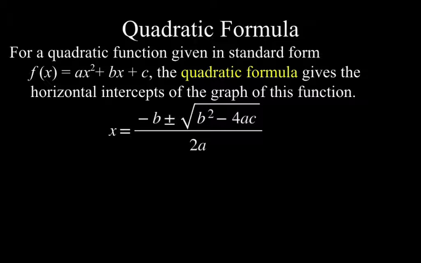And then the denominator of our fraction is 2a. So it is one big fraction, but notice you don't actually have to solve for x because the x is already by itself. What you're going to do is plug in the a, b, and c values, and then just simplify as far as you can with that big fraction. So that's what we're going to be working on as we deal with this one.